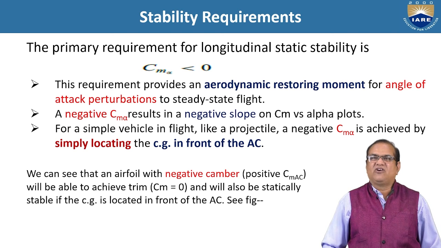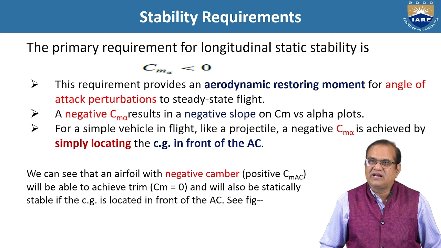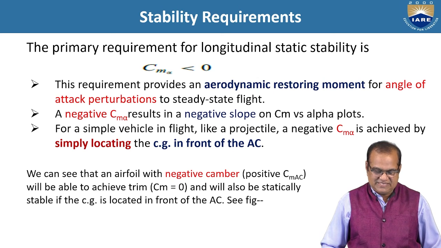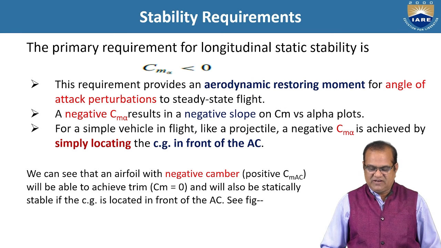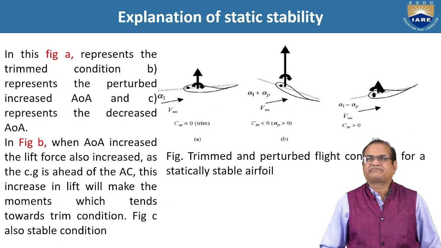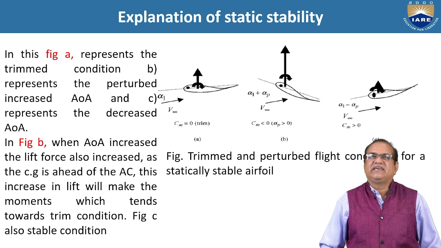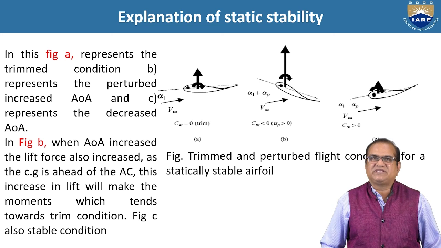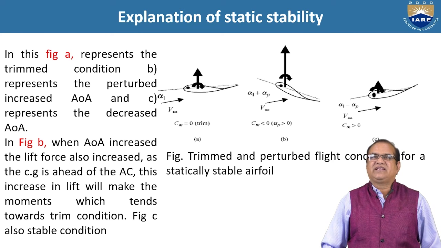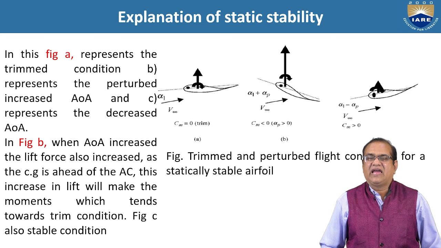We can see that an airfoil with negative camber, that is a positive Cm AC, will be able to achieve Cm0 positive and will also be statically stable if the CG is located in front of the AC. Here is the diagram explanation of the static stability. In this figure, A represents the trimmed condition, B represents the perturbed increased angle of attack, and C represents the decreased angle of attack.